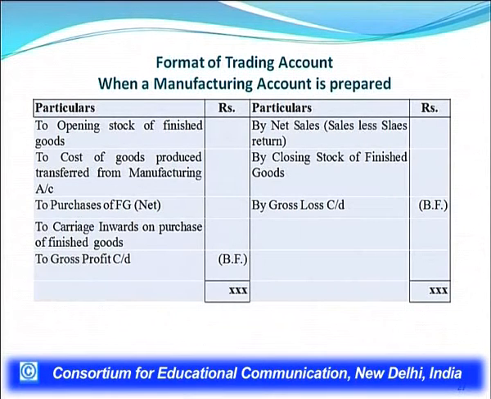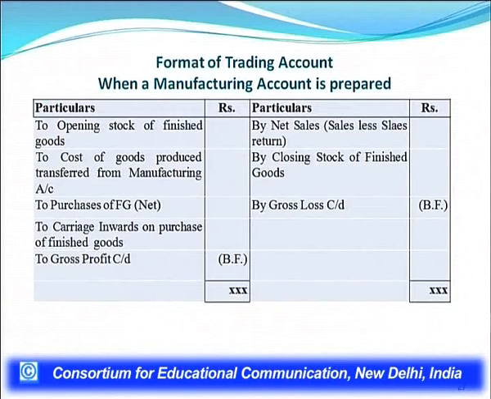So, we find here this format of trading account. On the credit side, net sales. Net sales is sales less sales return, same. Then by closing stock, here we shall record only the closing stock of finished goods.